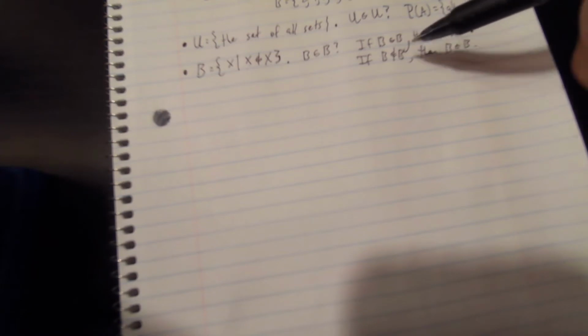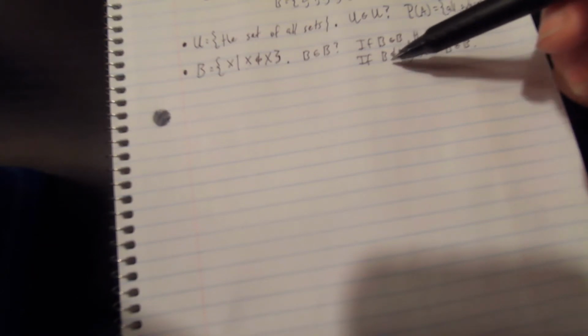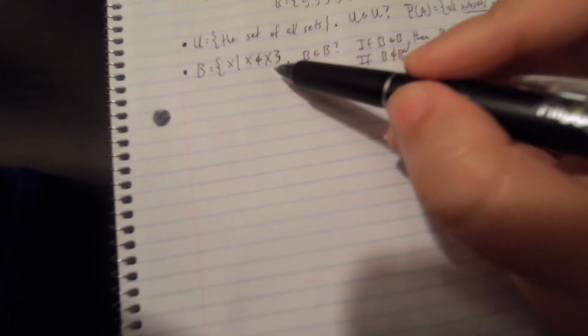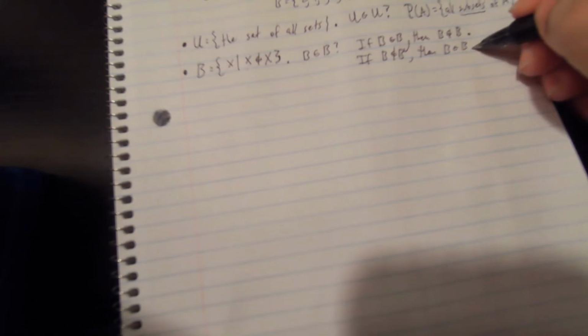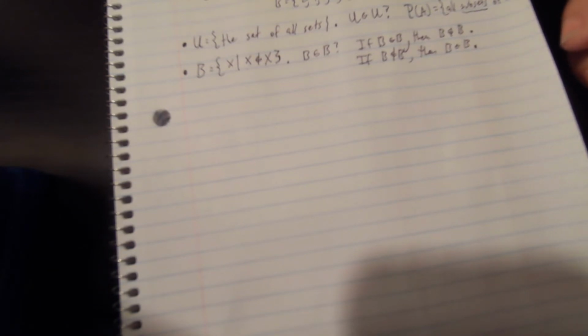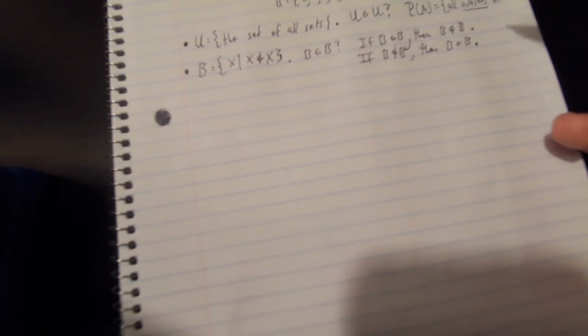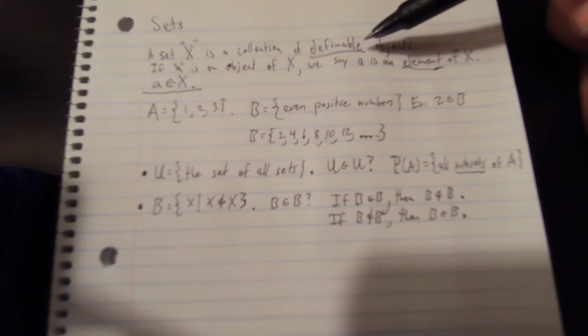So if B belongs there, then it doesn't belong there. Then if you assume, however, that B is not there, by the pure definition of this set, then you are there. So now that's a paradox. These are two examples of sets that aren't sets because, for now, let's just say that they break the definable part.